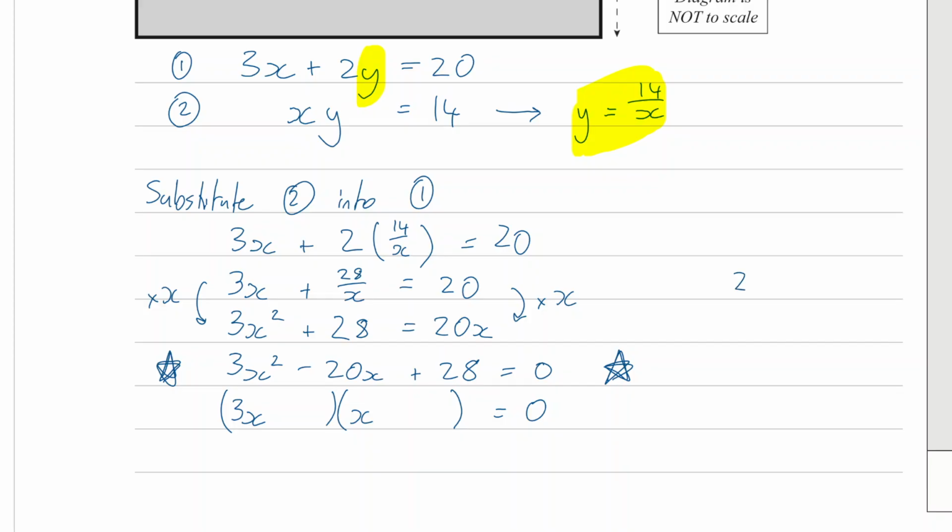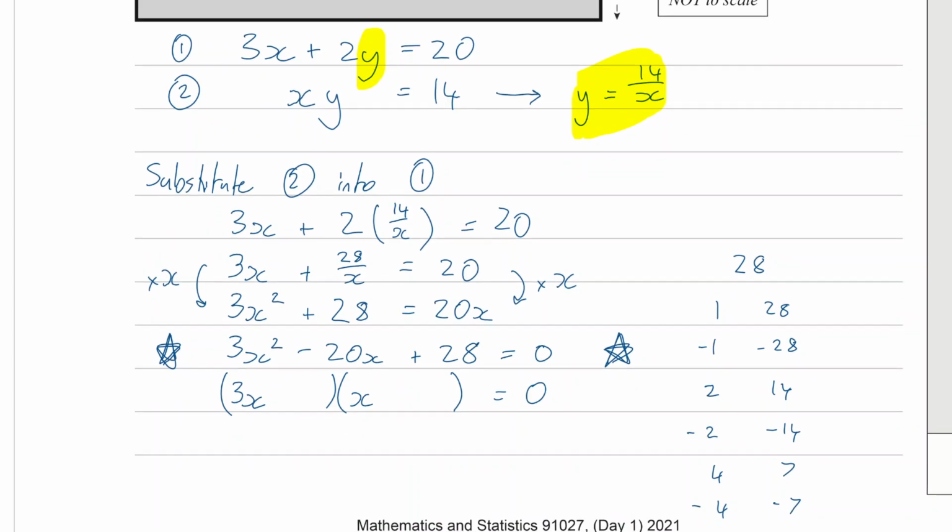Right, so 28 factors could be, well, let's start simple. 1, 28, or negative 1, negative 28. 2, 14, or negative 2, negative 14. 4, 7, or negative 4, negative 7. Quite a few factors. You might be here a while trying them all, but that's fine. What else do you have to do other than maths?